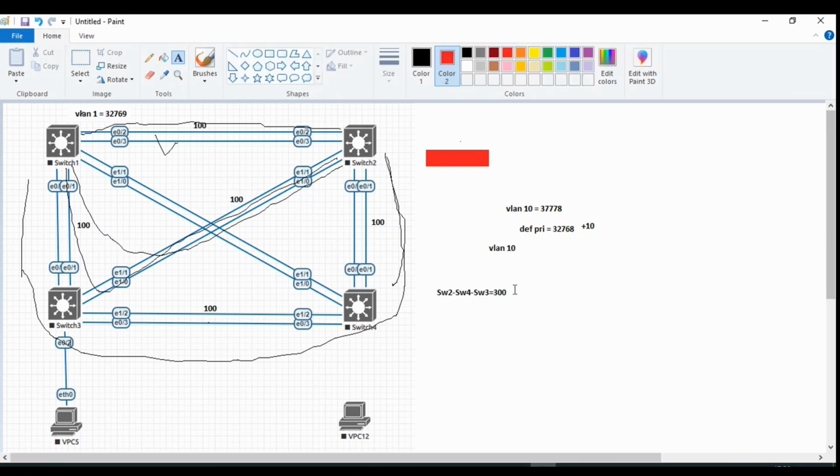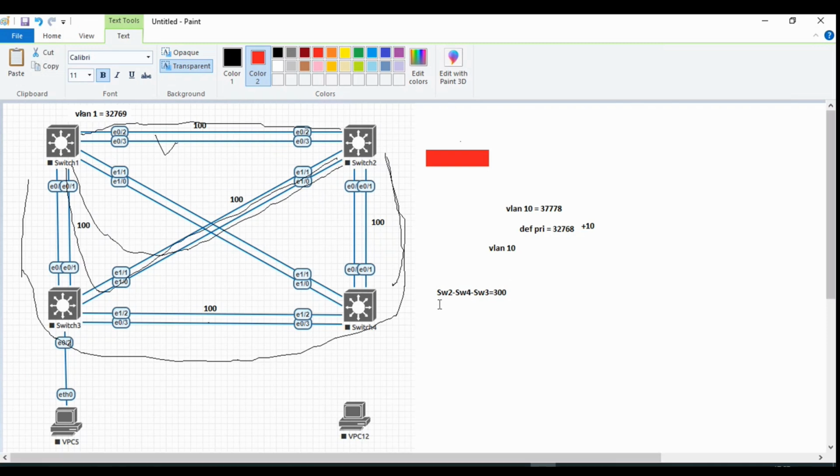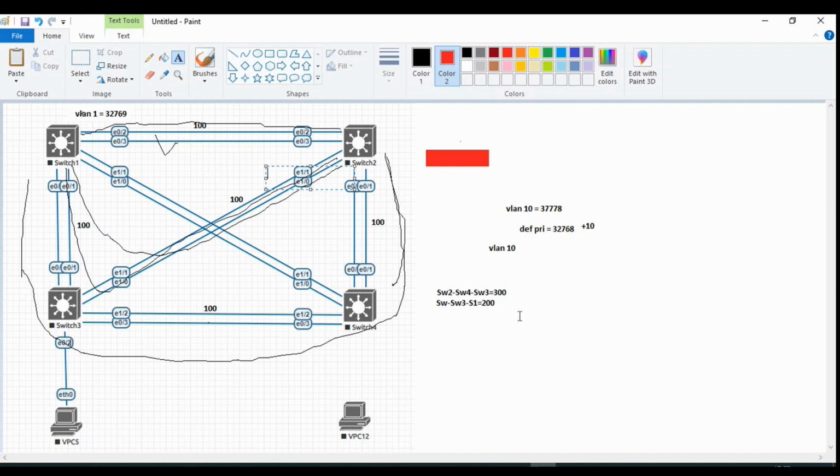So let me write down here: switch 2, switch 3 and switch 1. The cost is 200 because this BPDU or frame, whatever you say, travels from this link to this link. That is the reason the cost becomes 200.